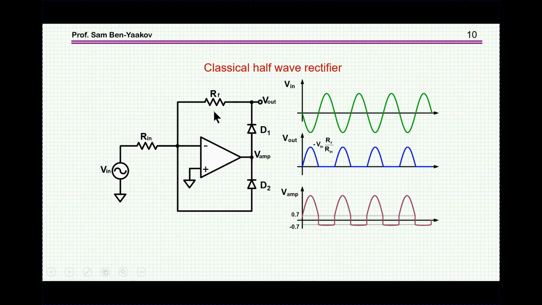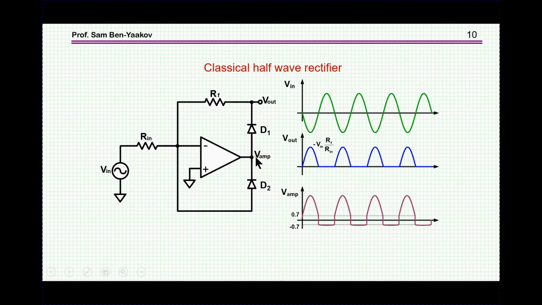Now, why is this so? Well, the reason is that as the amplifier starts to conduct, you have a current here. This is the same current going through these two resistors. So if this is 0, virtual ground, the ratio of V out to V in is the ratio between these two resistors.